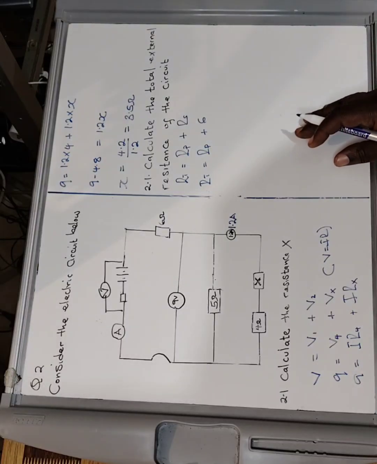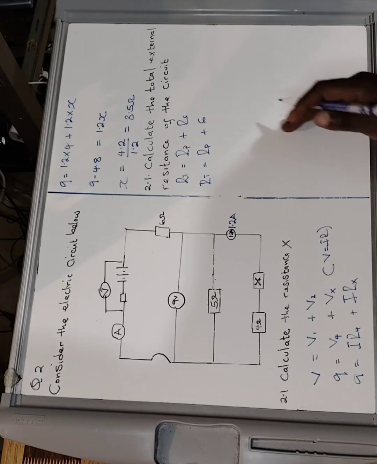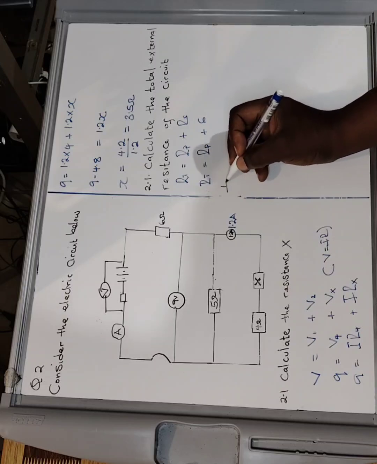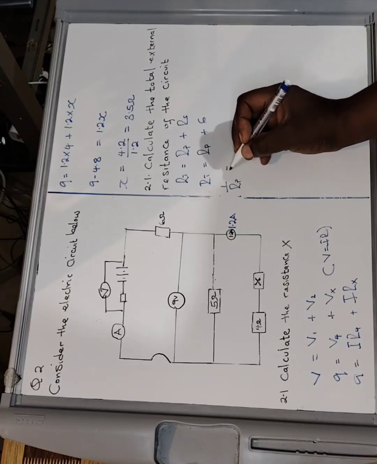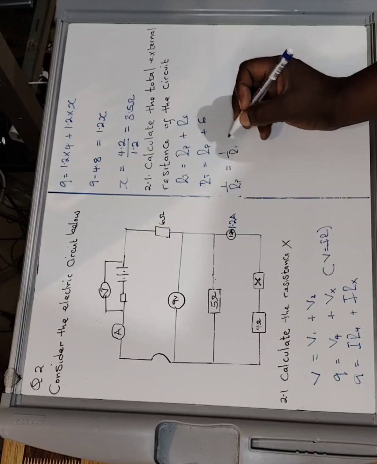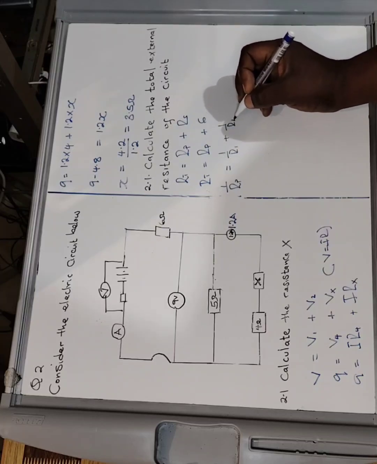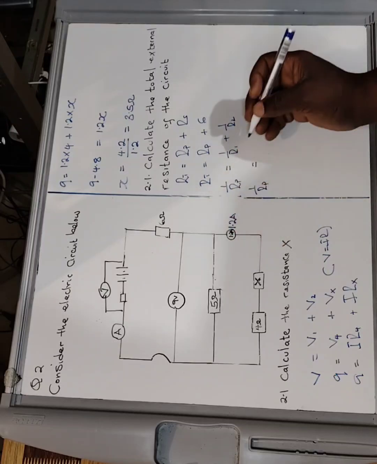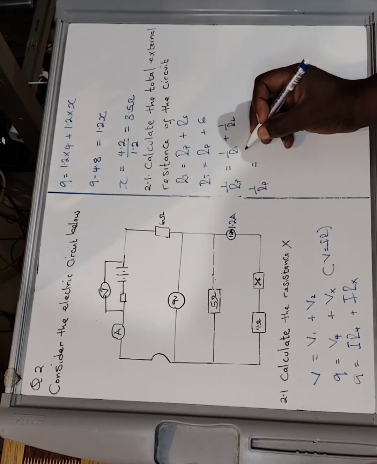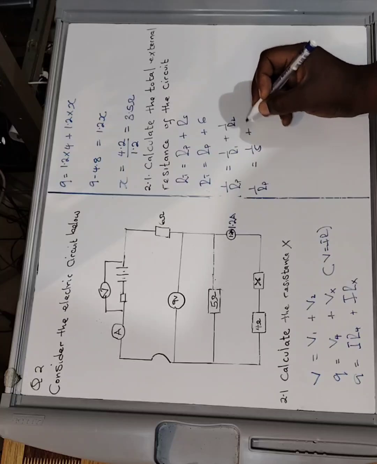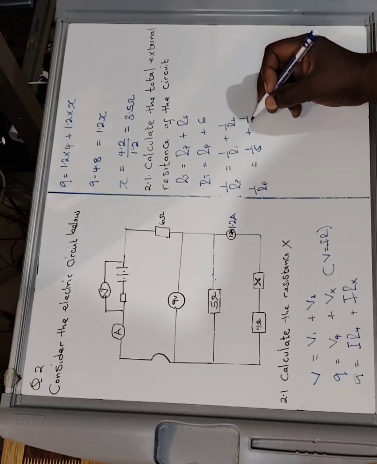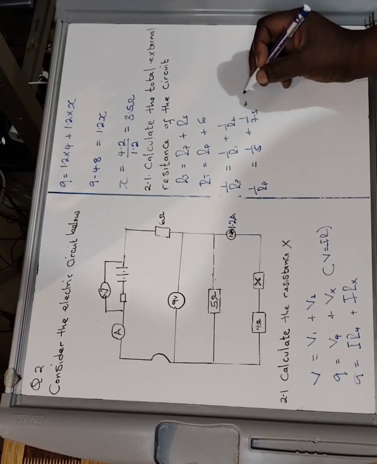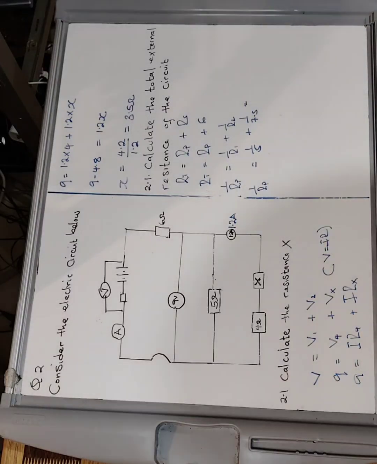So we calculate R parallel. You say 1 over Rp is equal to 1 over R1 plus 1 over R2. So 1 over Rp is equal to 1 over 5 plus 1 over 7.5. That one will give you your Rp.